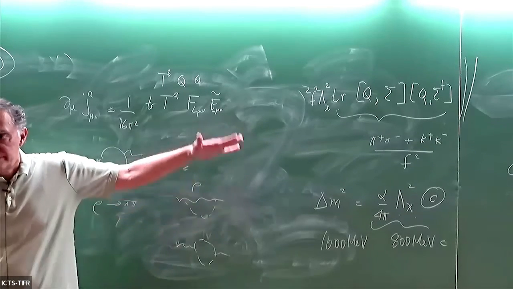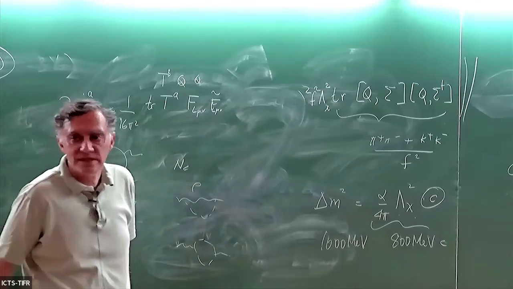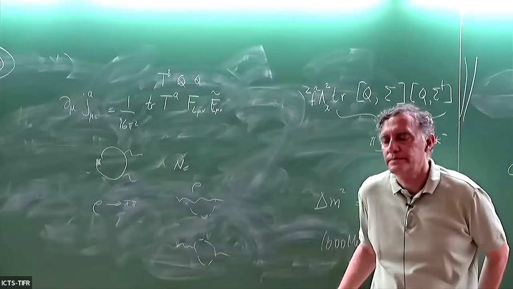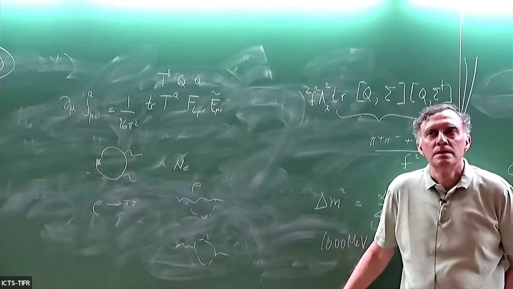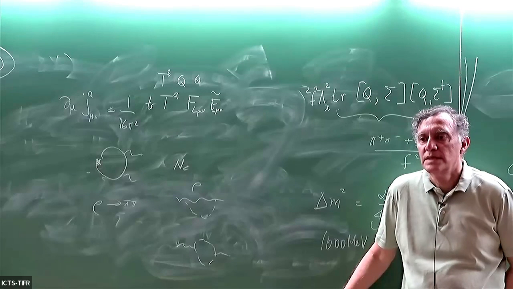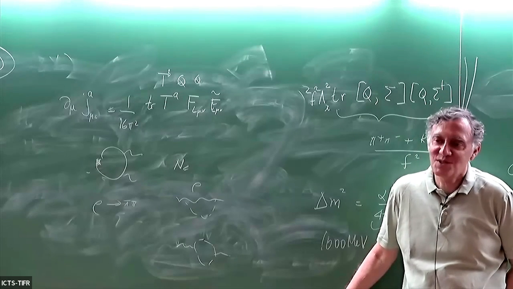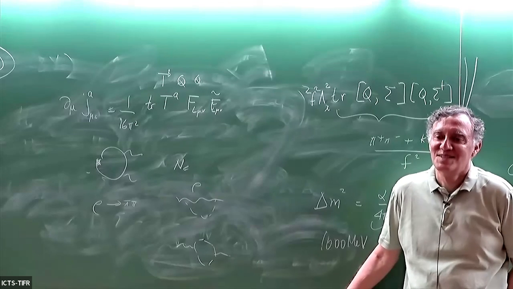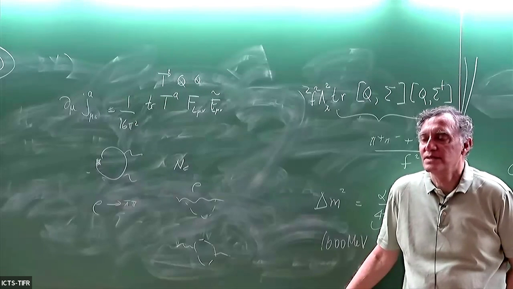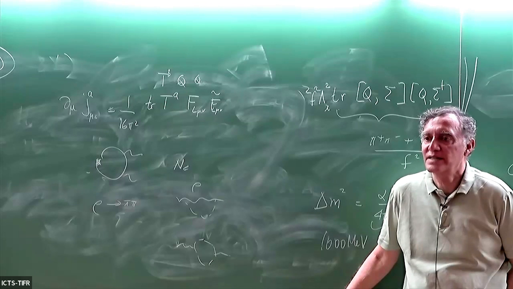So the extra 600 MeV is coming from the 1 over n breaking, if you want. There are many things you would like to calculate which we don't know how to do. That's life, I think. You have to find something which can be both calculated and measured.